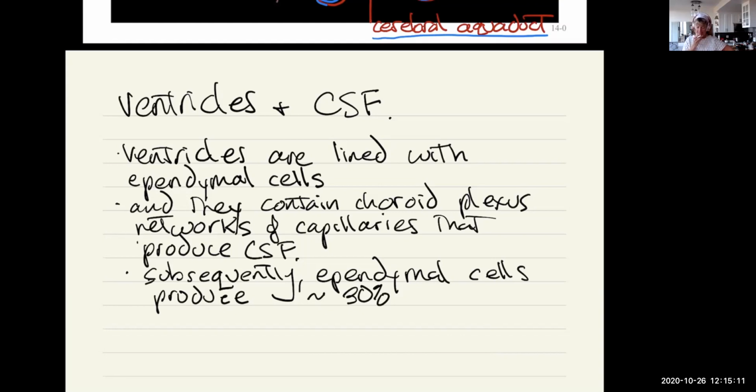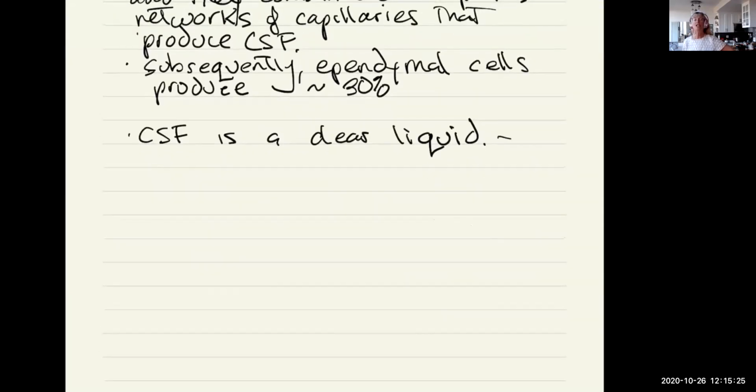So it's a clear liquid. It circulates throughout the brain and the spinal cord.